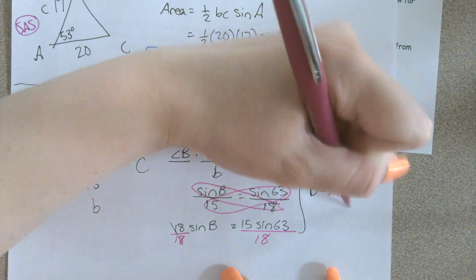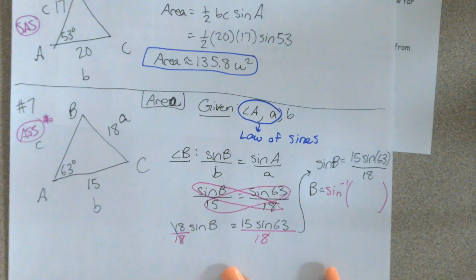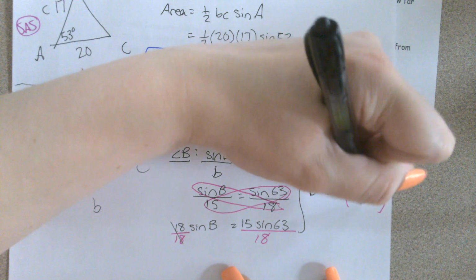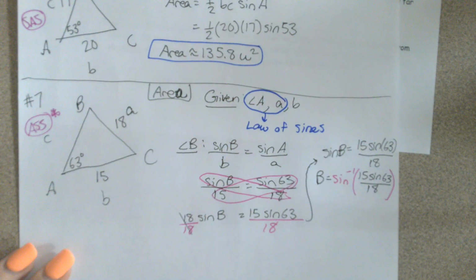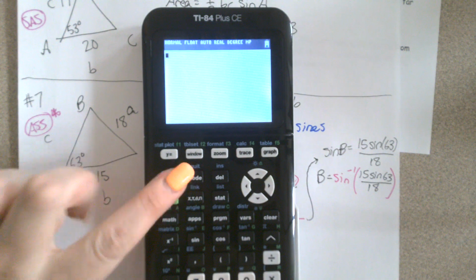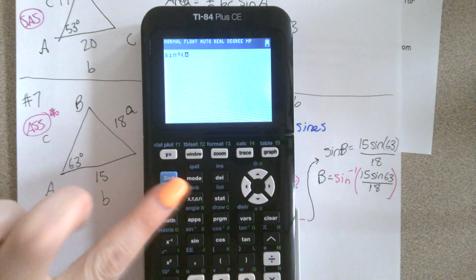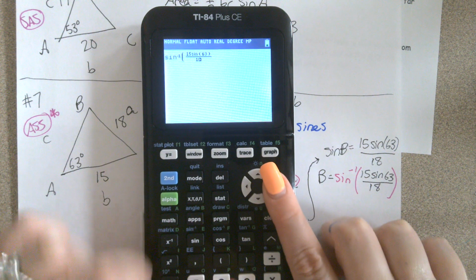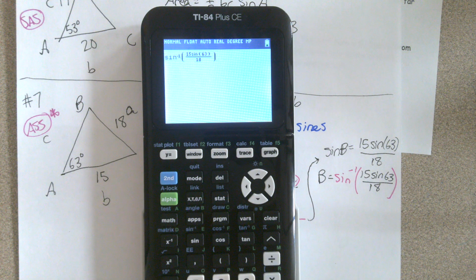Inverse sine of that whole fraction, 15 sine of 63 over 18. Inverse sine of 15 sine of 63 over 18 gives 47.9 degrees for angle B.